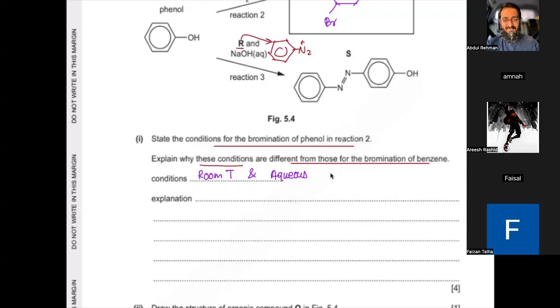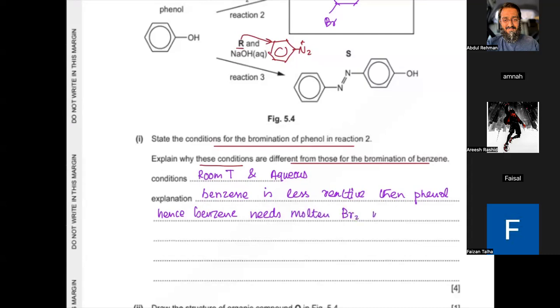So the reason behind is that benzene is less reactive than phenol, hence benzene needs molten bromine, or better to write pure bromine, not aqueous, with catalyst.